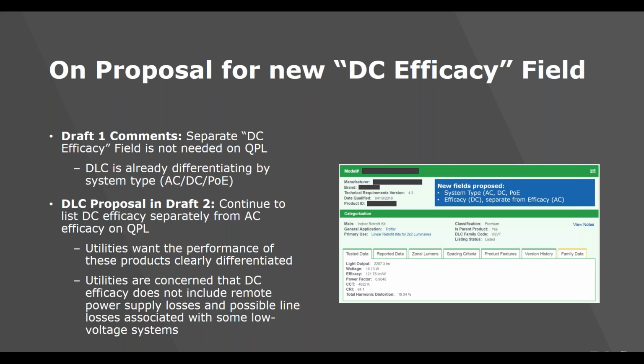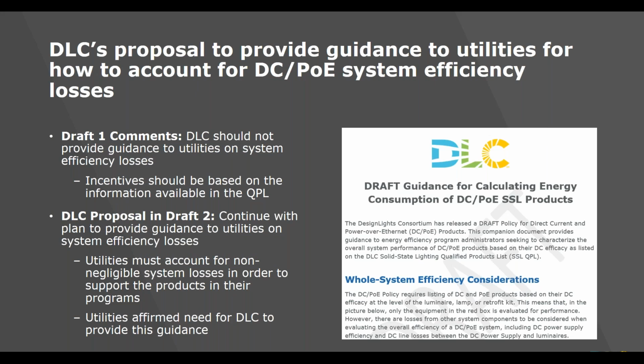And the utilities are going to need to account for those, but they're not going to be accounted for in the efficacy field on the QPL. So another reason they wanted to keep things separate. If you have any additional comments about this, then we welcome those and we will definitely consider them.